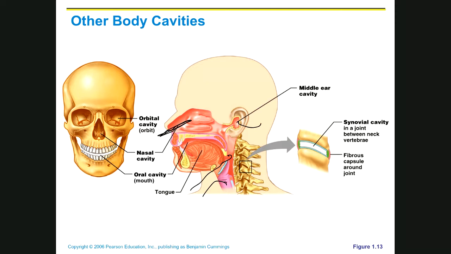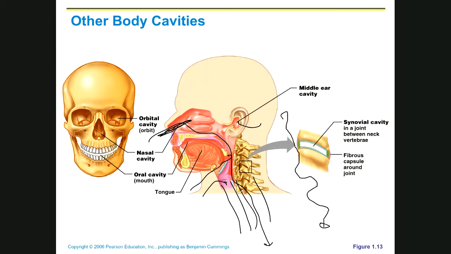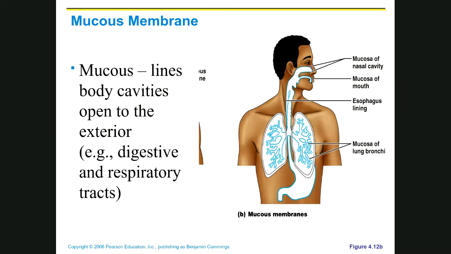And they don't just stop here, they go on down. So you can take an endoscope and go all the way down into the stomach. Or you can start at the other end and go all the way through the intestines. You can go here and go down into the lungs. They're open to the outside. And so if you look at these, you can see them here.